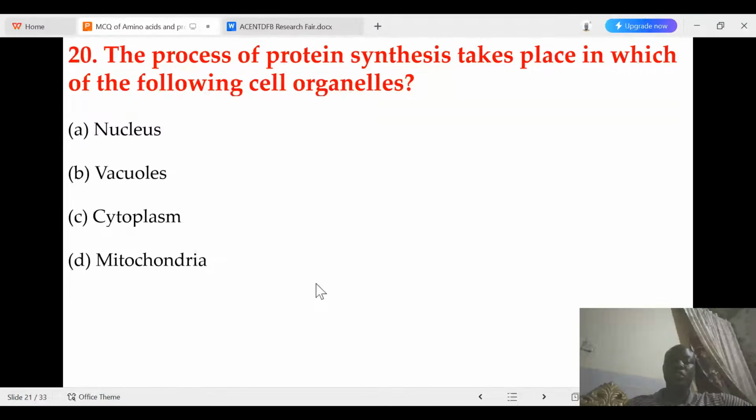It actually takes place in the cytoplasm because the ribosome is located at the cytoplasm. So the answer is C.